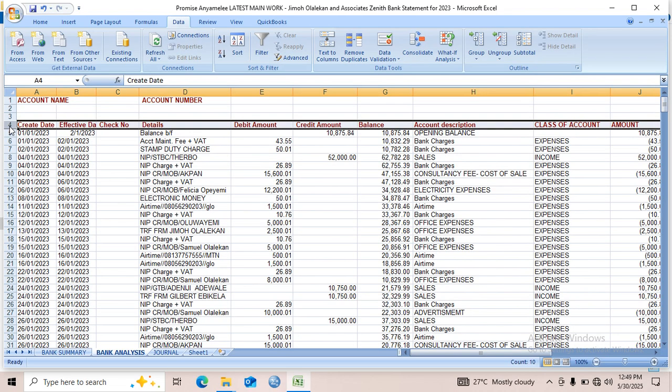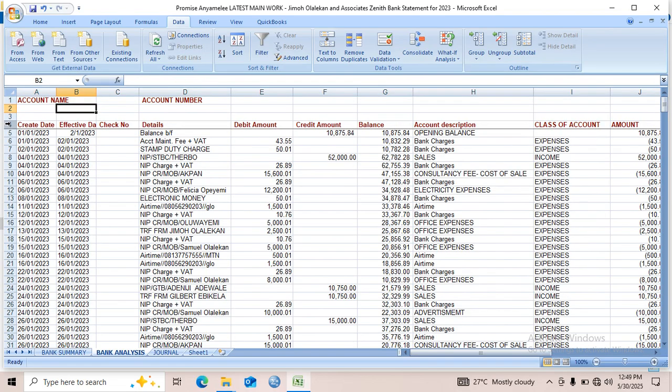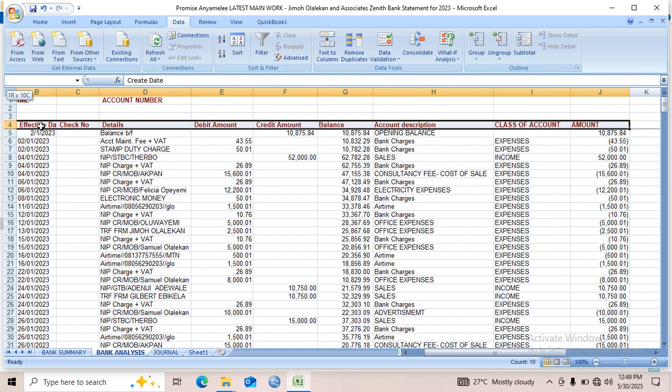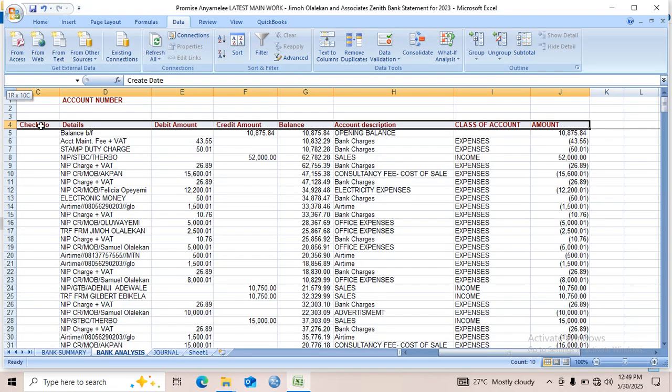We come to the heading, and from the first name, you press your shift and your right arrow key to the last name, which is the amount.